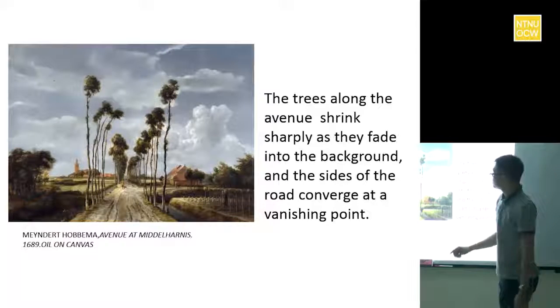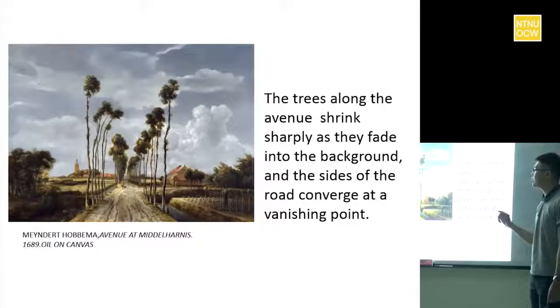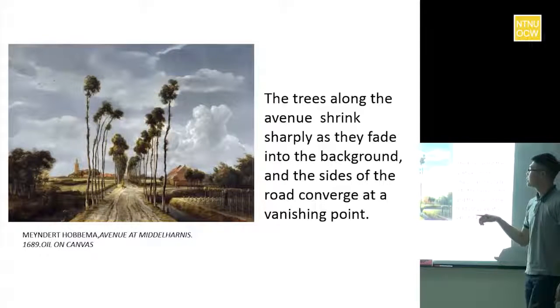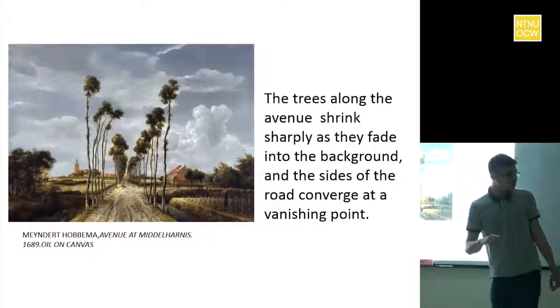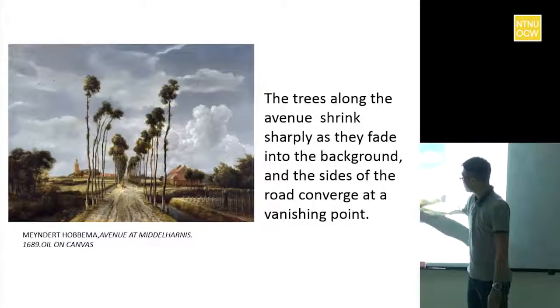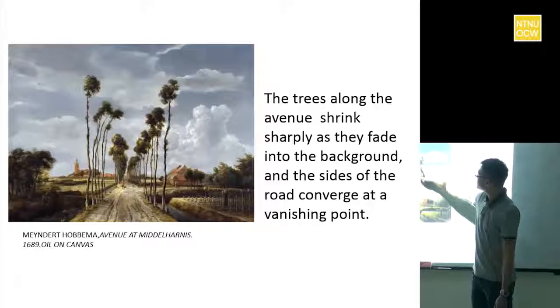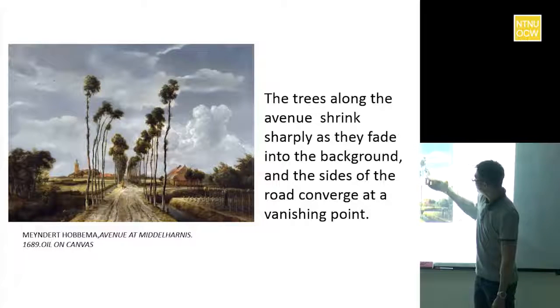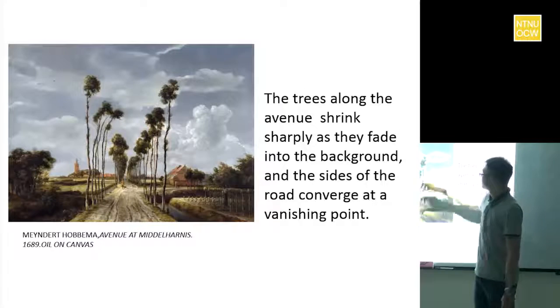But not only perspective: there is another skill in this painting, which is proportion. You see the trees on the side of the road. In front of the painting, the tree is bigger than the others.